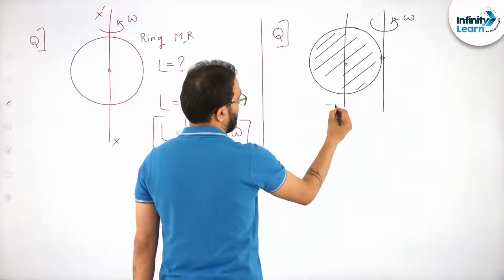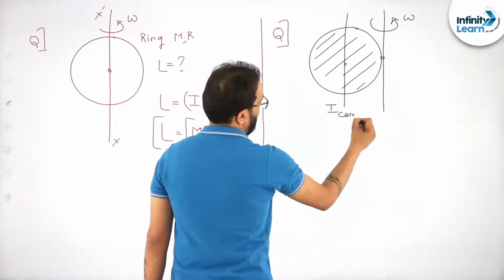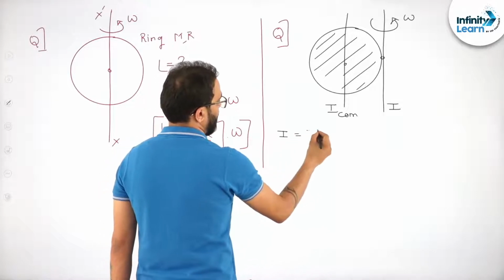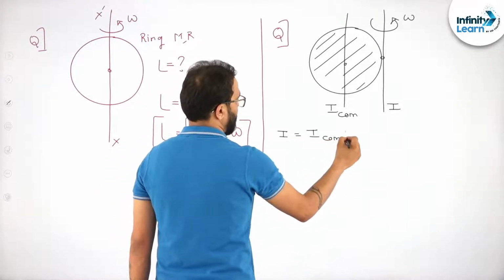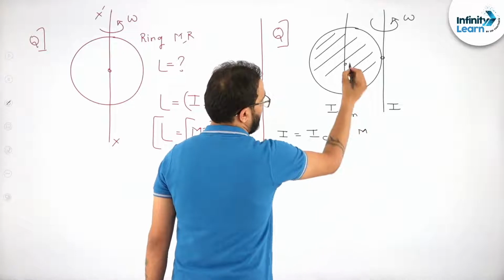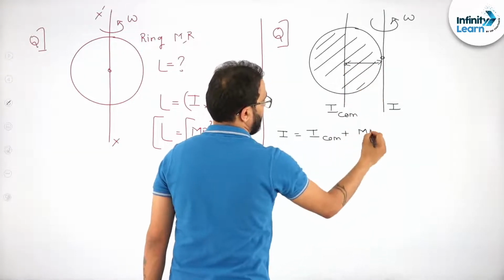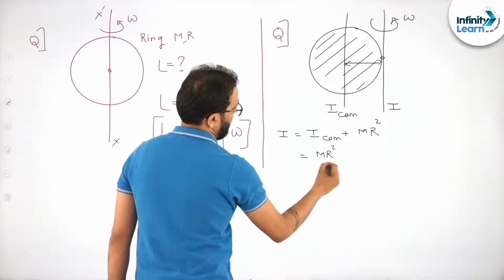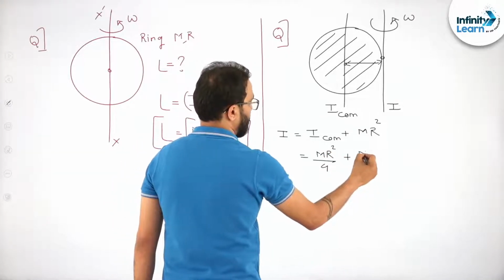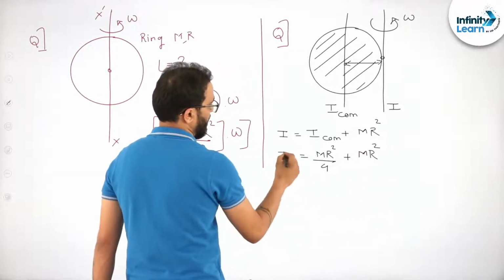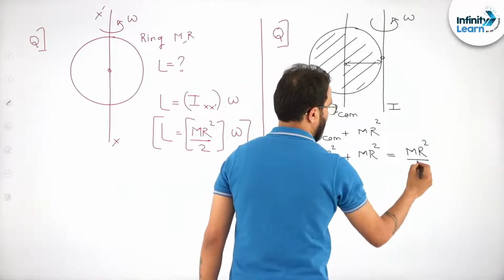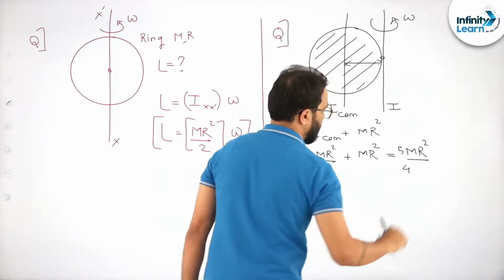So you will say, sir, this is ICOM, this is I. So I is what? ICOM plus M, what is this distance? Capital R square. Now what is ICOM? MR square by 4 plus MR square. So what will be I? I will be 5 MR square by 4.